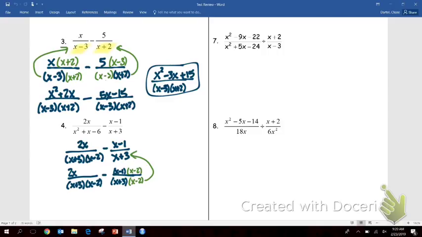So now we need to distribute. The first fraction is just 2x. I don't have to do anything there. The second fraction, you need to distribute your terms, and we get x squared minus 3x plus 2.